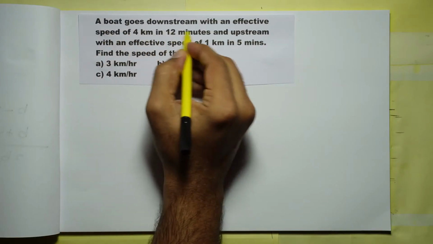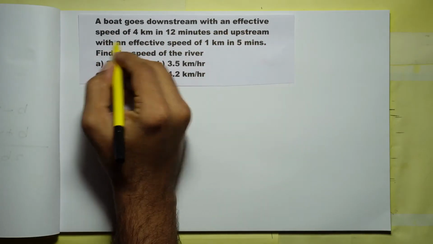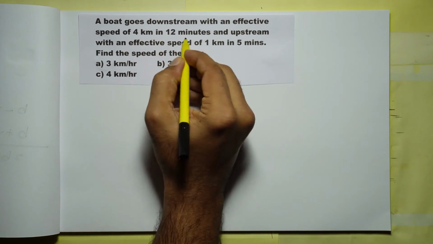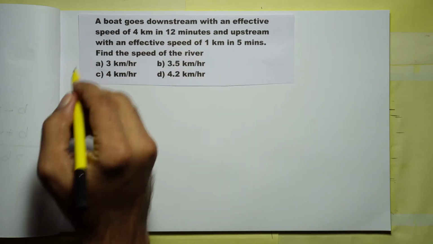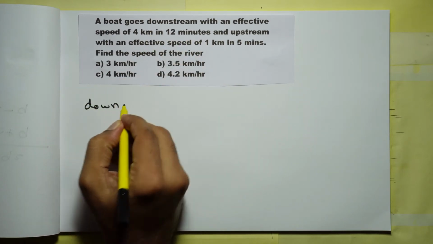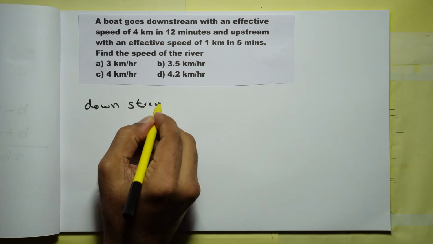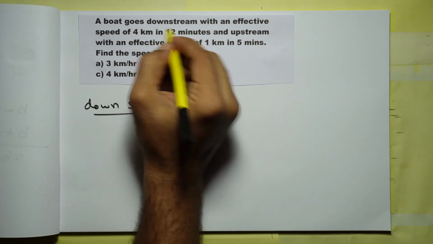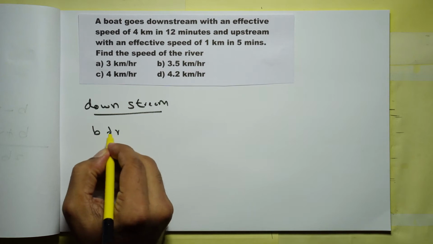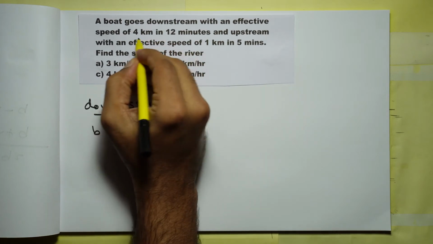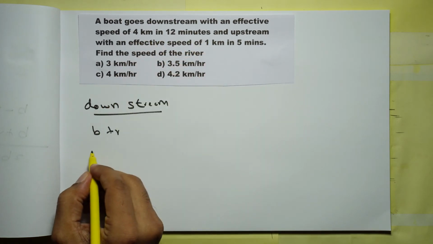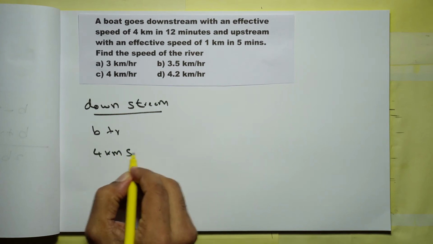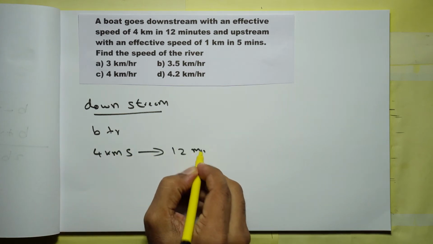A boat goes downstream with an effective speed of 4 kilometers in 12 minutes. So first we'll form the equation for downstreaming. Now when you are downstreaming, your effective velocity is b plus r, and that is equal to 4 kilometers in 12 minutes.